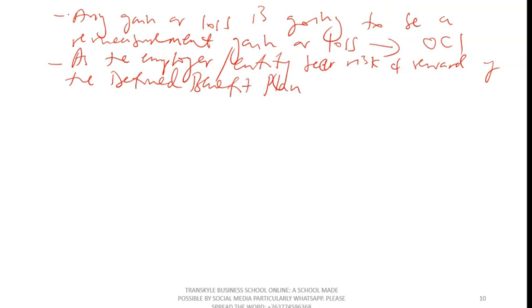The funds will be treated as an asset of the entity.